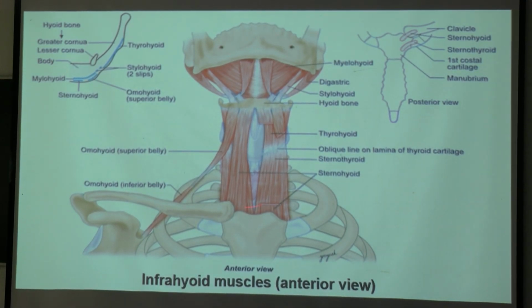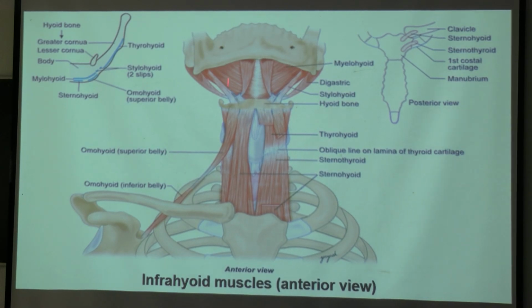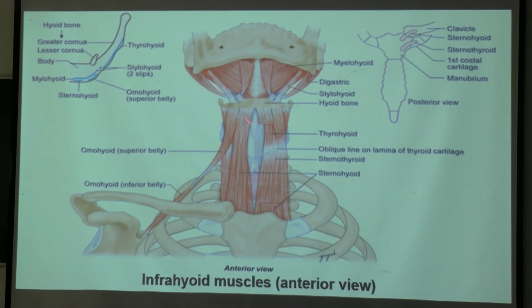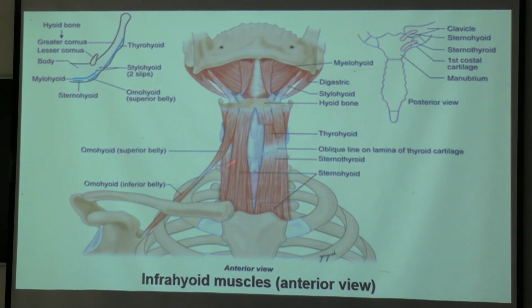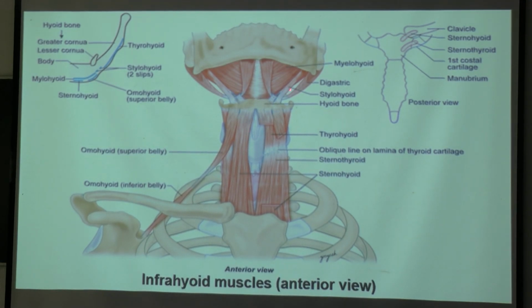And next, infrahyoid are sternohyoid and omohyoid. These are lying in the superficial plane. Omohyoid is lateral, sternohyoid is medial. And deep to this sternohyoid, here sternohyoid and omohyoid have been cut on this side. Here we will get the other two muscles. Sternothyroid goes up to the oblique line of the thyroid cartilage, and from here up to the hyoid, thyrohyoid.